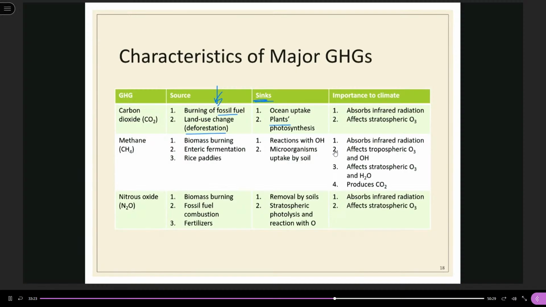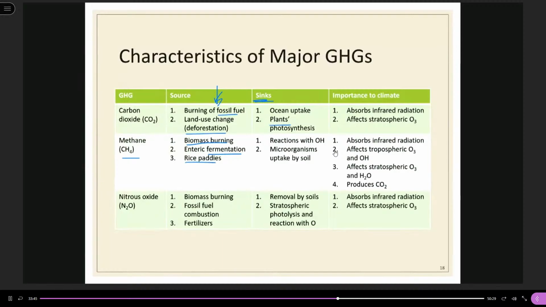And for methane, we burn biomass, and there is fermentation and rice. Methane is produced from microorganisms. In this kind of fermentation process, it will produce methane.